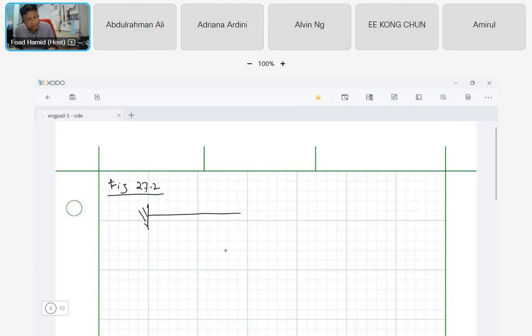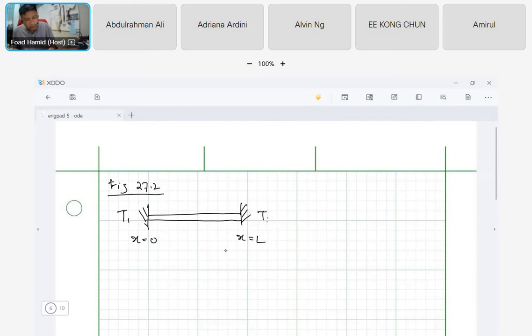And this problem here, we have x equal to 0 and x equal to L. At x equal to 0, we have T1, temperature 1, and at the other end we have temperature 2, so let's use the same notation as your textbook.